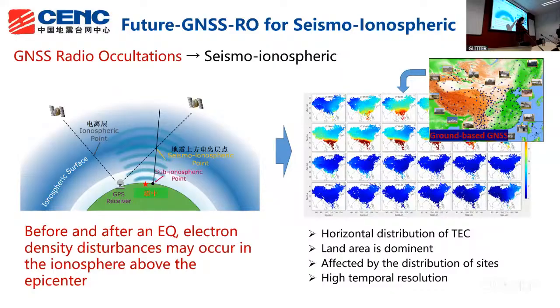But the TEC distribution is also caused by the solar impact. Before we calculate this map, we need to exclude the solar impact and other impacts, especially as we focus on the earthquake before and after.